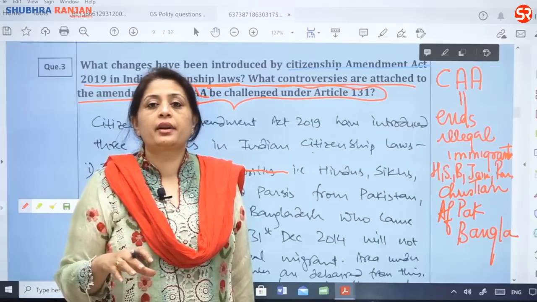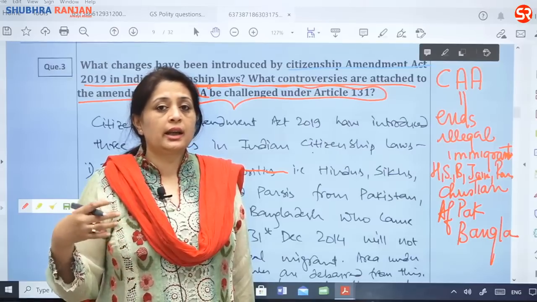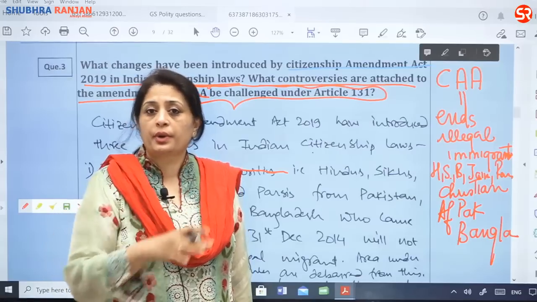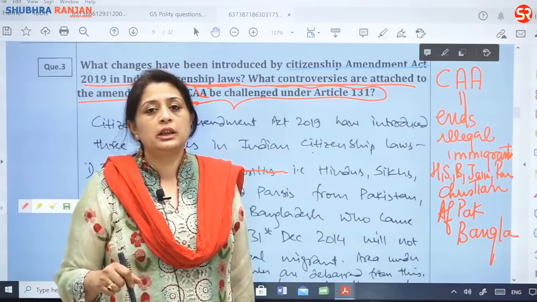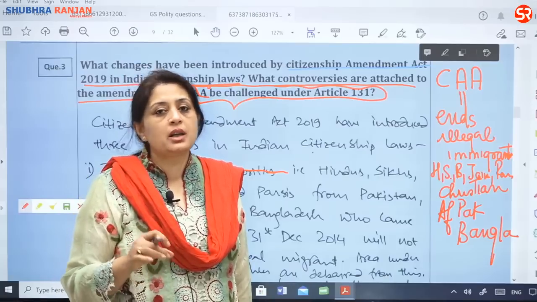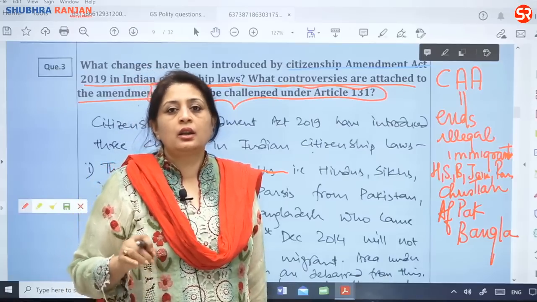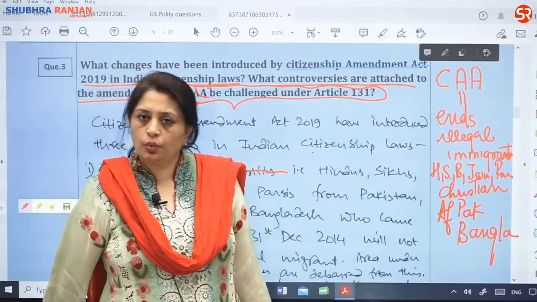Now if they are treated as illegal immigrants, they will be subjected to penalties, they can be deported, but this law protects them. And considering the sensitivity of the northeast, the northeastern states have been exempted. Fine. So first is the factual part that you should know.